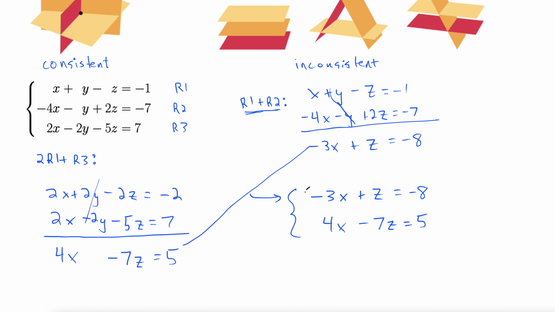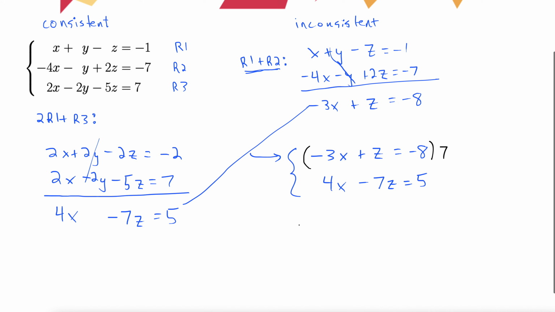I'm going to multiply this top row here by 7, and then add them together. So multiplying by 7, again, I'm being very careful. Negative 21x plus 7z minus 56 equals negative 56. All right, and then we're just going to leave the bottom row alone.